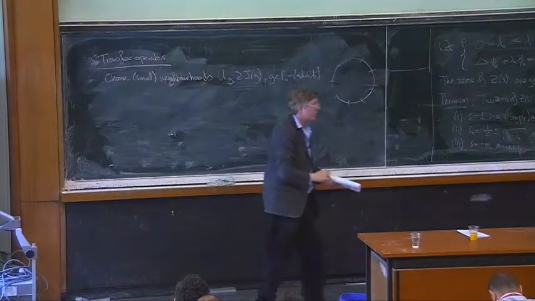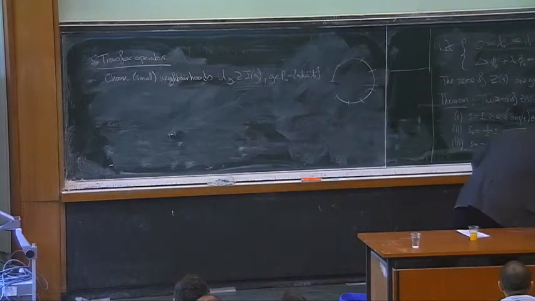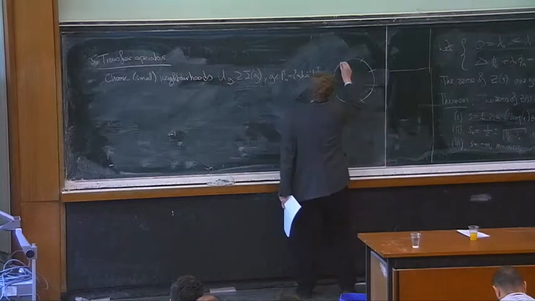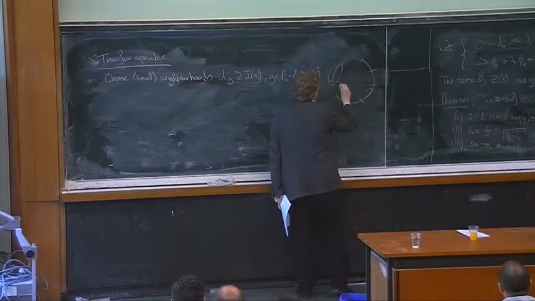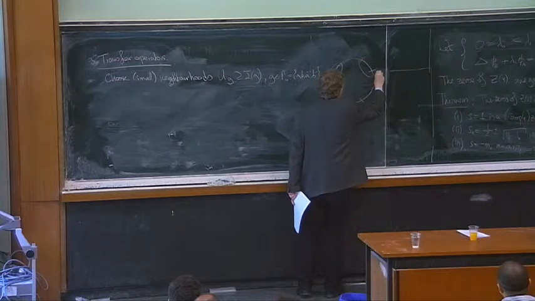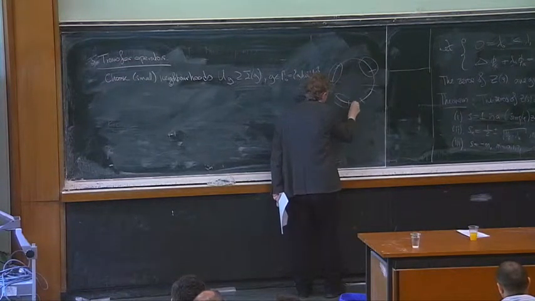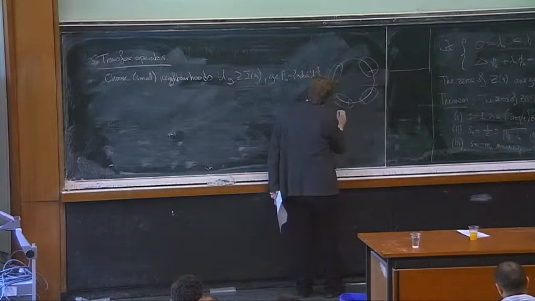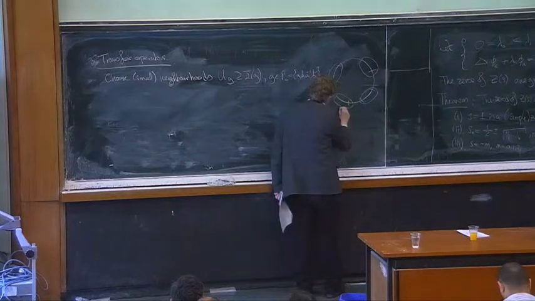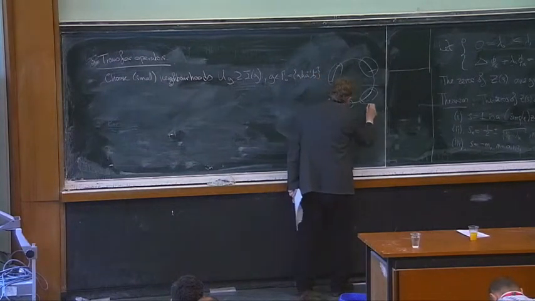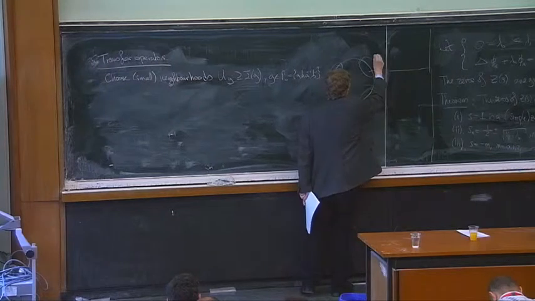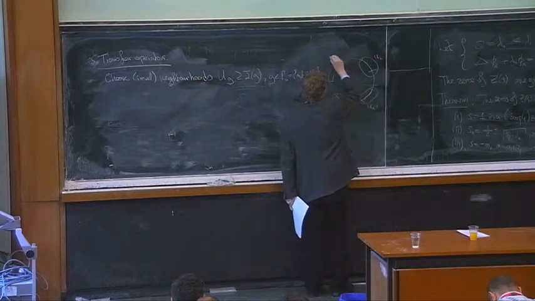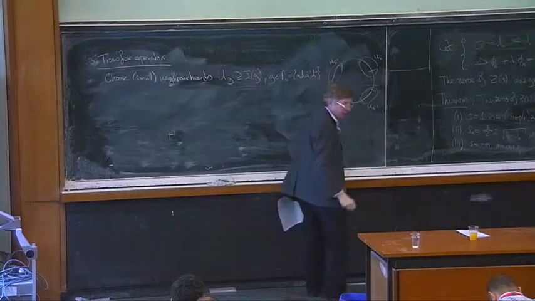So these are just neighborhoods in the complex plane. So I choose some neighborhood around here, some neighborhood around here, some neighborhood around here, some guy along here. So that might be, say, U of A, U of A inverse, U of B, and U of B inverse, something like that.